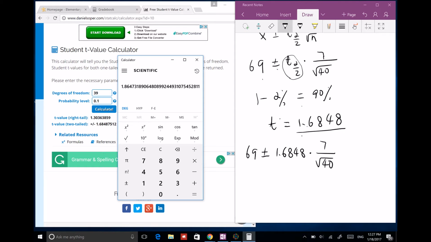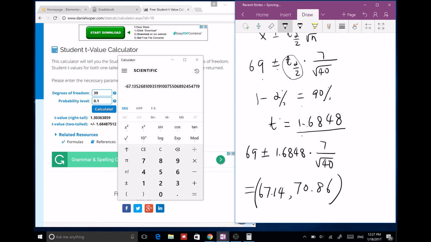Then you plus or minus that from 69. Plus, I got 70.86. This is the right hand side limit. For the left limit, you subtract from 69, and it's 67.14 if you round it up.